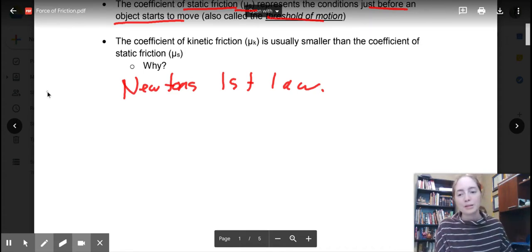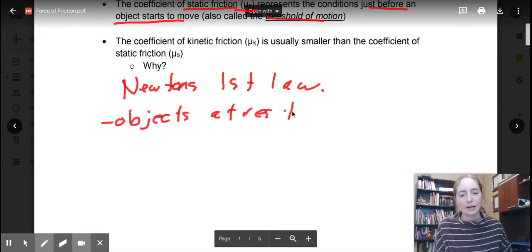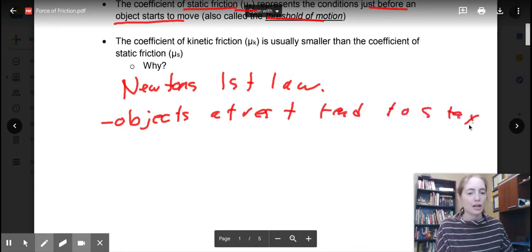Okay? So objects at rest tend to stay at rest.